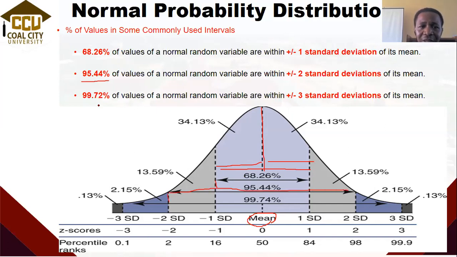The next thing you have to understand is that 99.7% of values of a normal random variable are within three standard deviations. Take note, this is one standard deviation, this is two, and this is the third standard deviation, either to the right or to the left, from the mean.